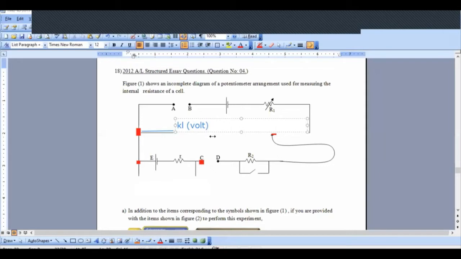Got it? So this KL volt is equal to the EMF of the battery. Can you understand here? This KL voltage between these two points is equal to the EMF of the battery.